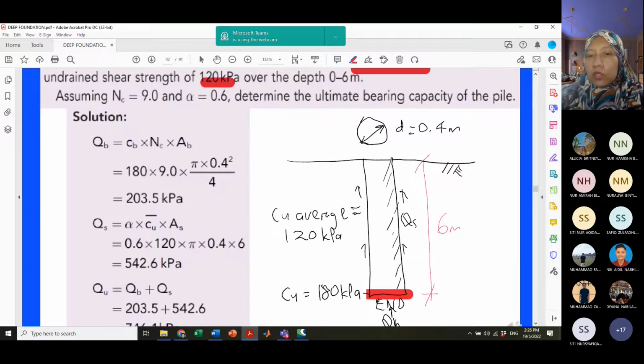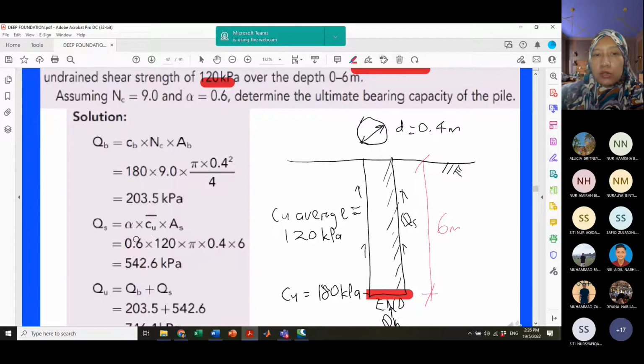Meaning that 180 we will put in as the end bearing capacity in QB. So NC equals 9, and because this is circular, we can calculate the area as pi d square over 4. Thus the QB, the end bearing capacity, is 203.5 kPa.